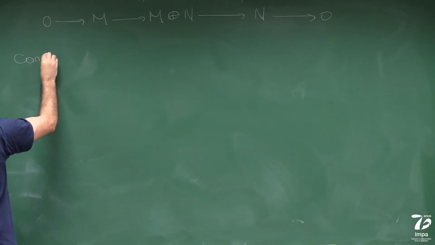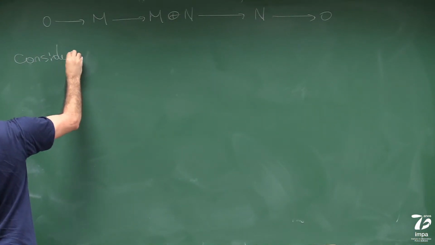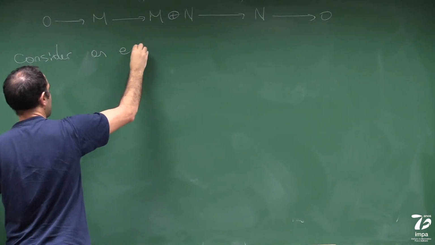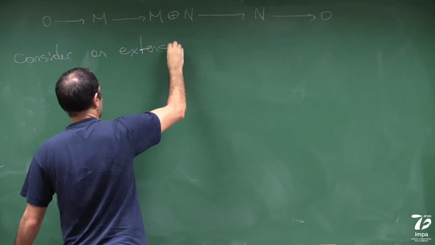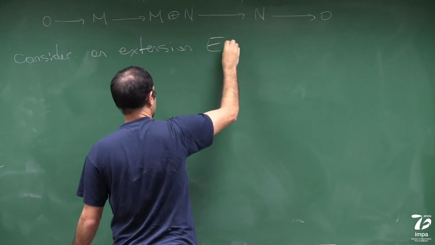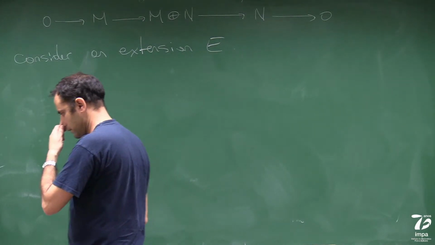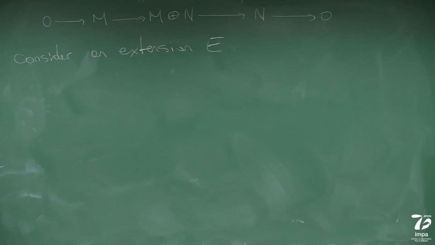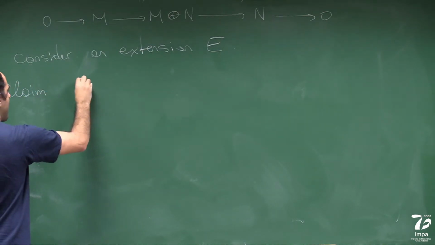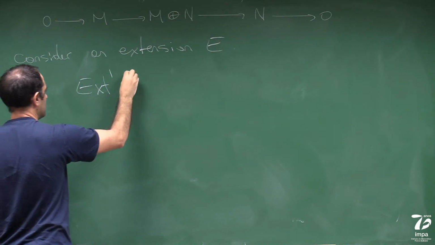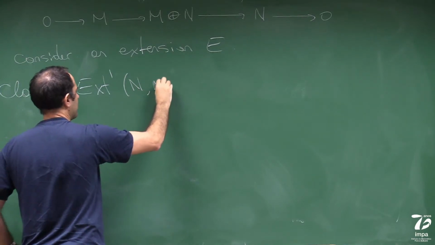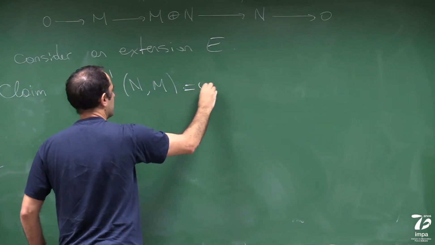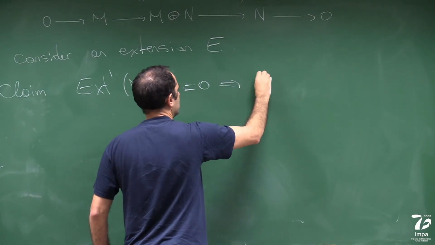Consider an extension E. So I claim that if Ext^1(N, M) is 0, then E is trivial.